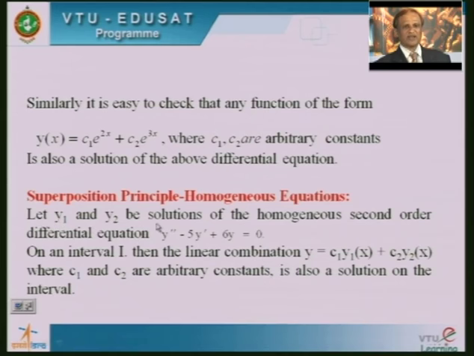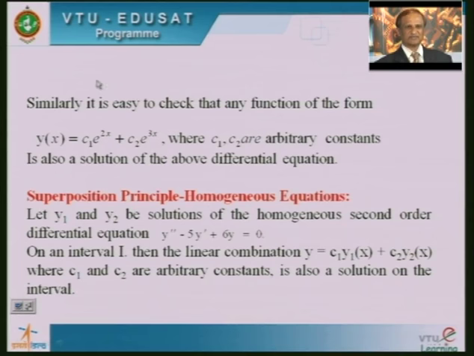Let y1 and y2 be solutions of the homogeneous second order differential equation, what I have written here, y double prime minus 5 times y single prime plus 6y is equal to 0 on the interval I. Then the linear combination y is equal to c1 y1 plus c2 y2, where c1 and c2 are arbitrary constants, is also a solution on the interval.